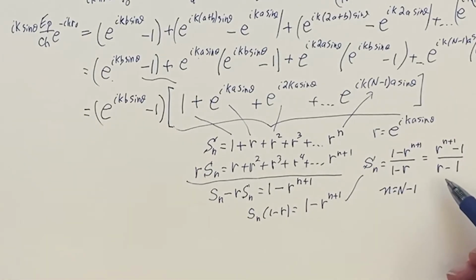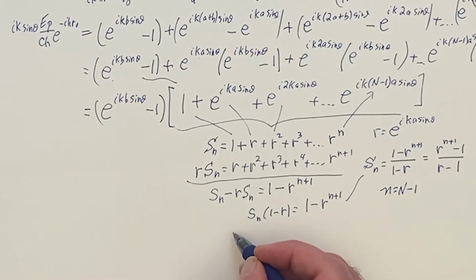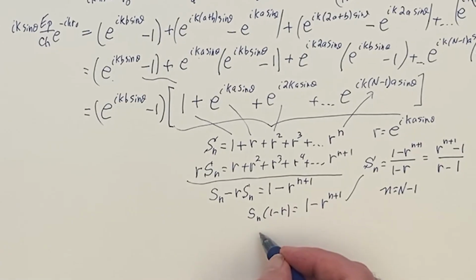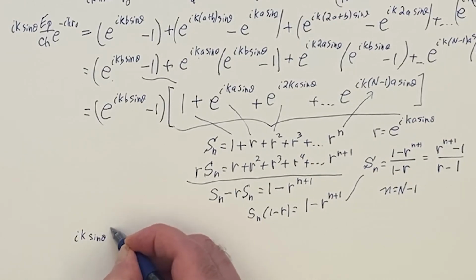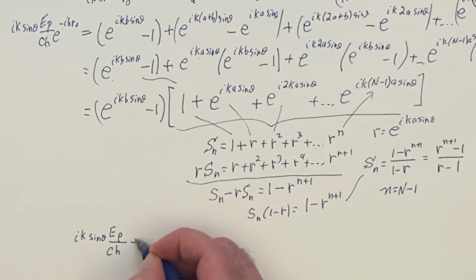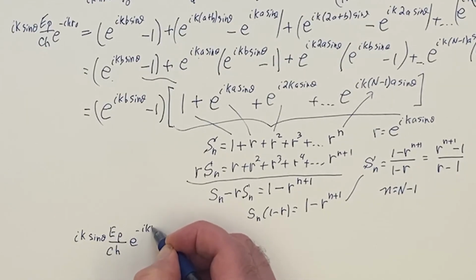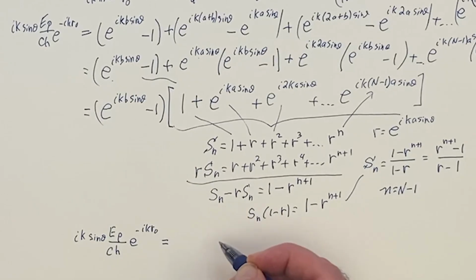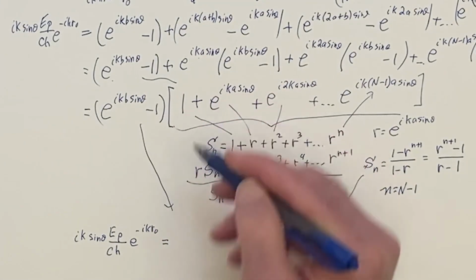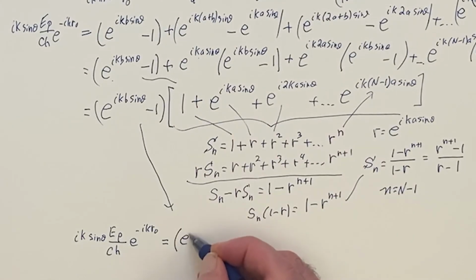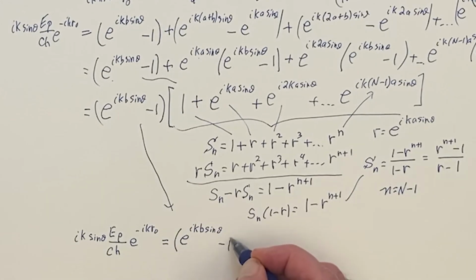So then I can get this sum to be, and maybe we write everything out again, ik sine theta EP over ch e to the minus ik r naught, that equals, we're going to have this factor here, e to the ikb sine of theta minus 1.